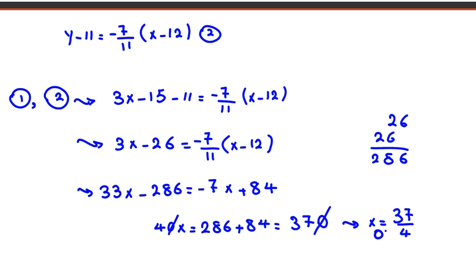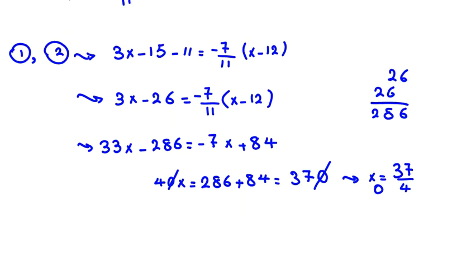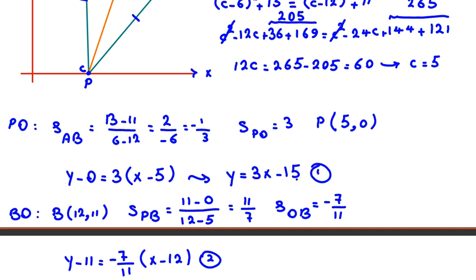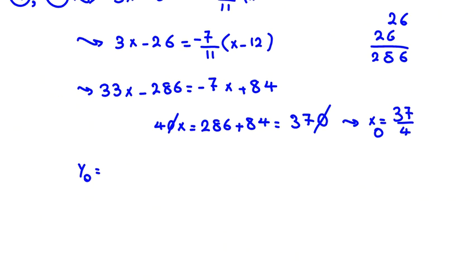It is x of what? x of O. y of O is what? It is 3x minus 15. Here we have 3 xO minus 15. So it will be 3 times 37 over 4 minus 15.